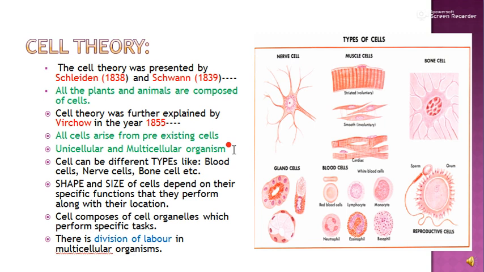So all these cells divide their functions, and this division of functions in a multicellular organism is known as division of labor. That means every multicellular organism contains division of labor in its body. As in our body, the cells of the liver perform different functions, the cells of the lungs perform different functions.